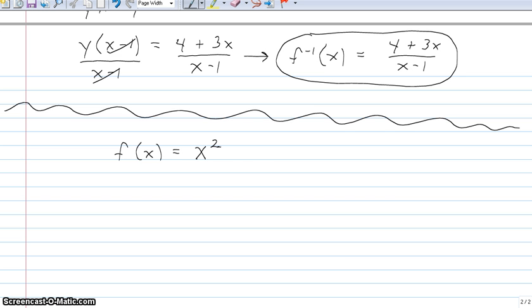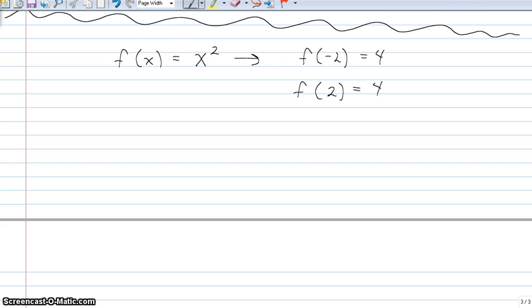But mathematically, the function is not one-to-one because we can obtain the same y value with two different x values. For instance, if we plug -2 into the function, we get 4, and also if we plug 2 into the function, we get 4.